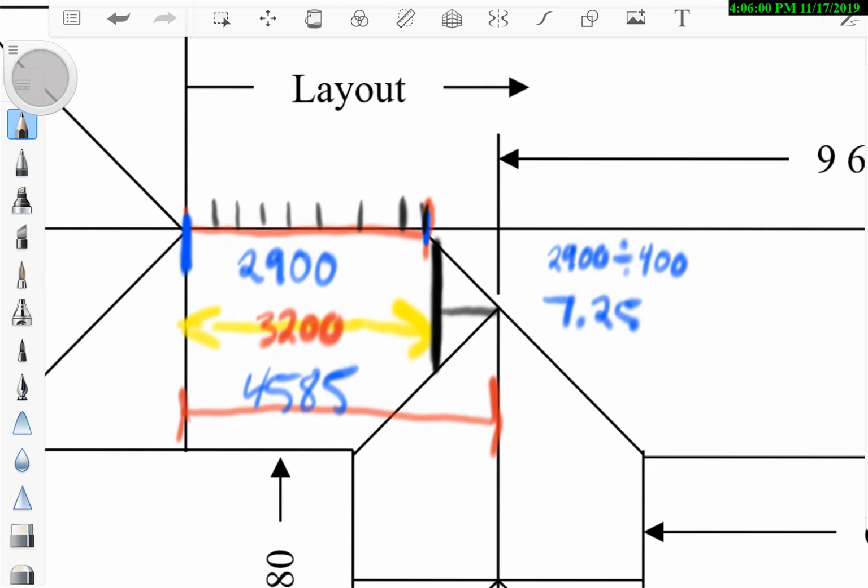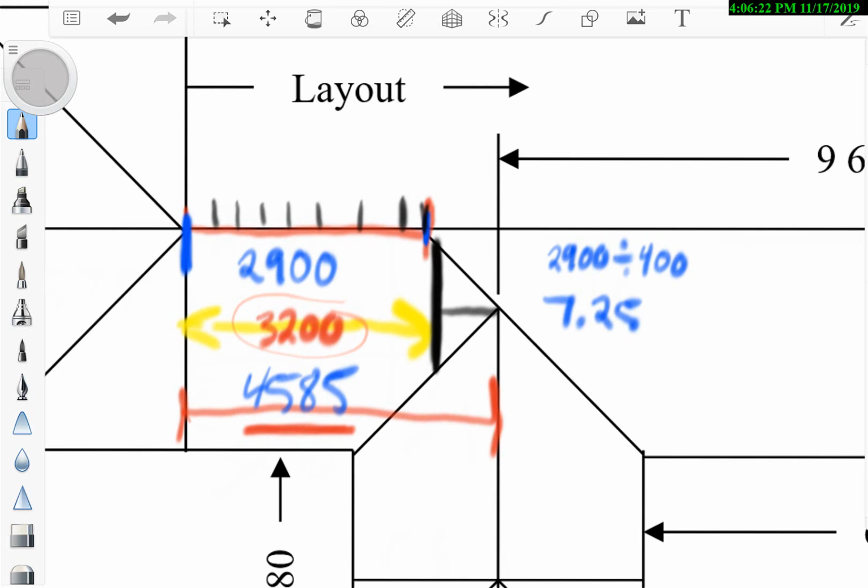Great, that's 3200. Now we know that this distance here is 4585, the distance from the layout point to the minor ridge. So let's type in 4585. We'll subtract from that the 3200.